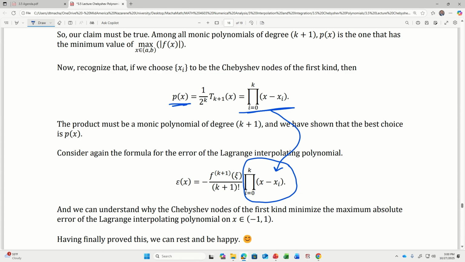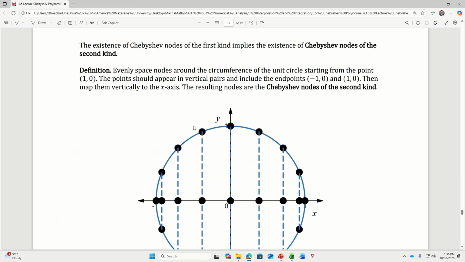And so that's what minimizes this. And I can also tell that this interpolating polynomial is going to converge to the function if I make k large enough, because this monic polynomial has an absolute maximum error. Well, we've got Chebyshev nodes of the first kind.